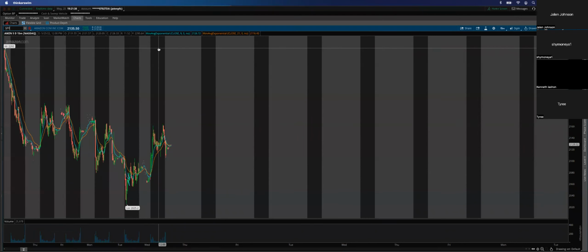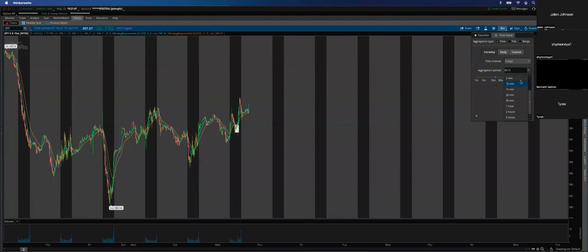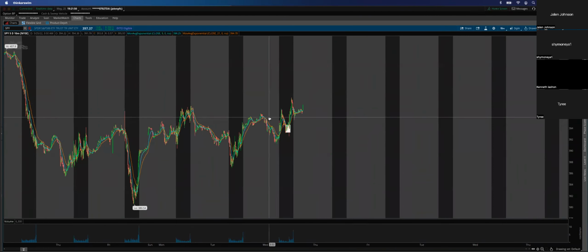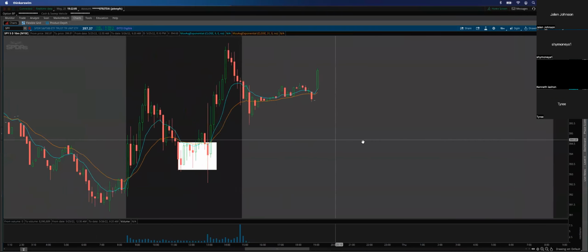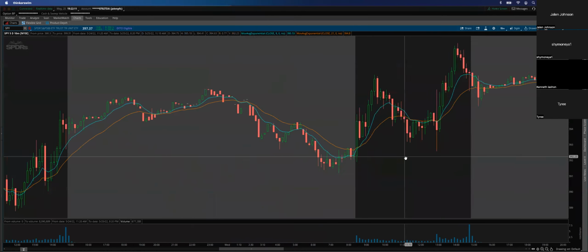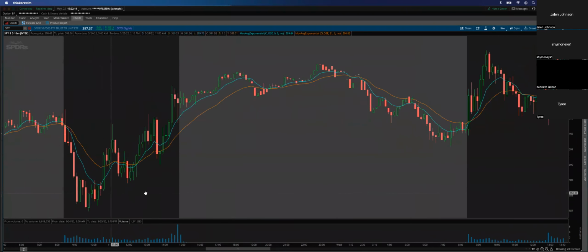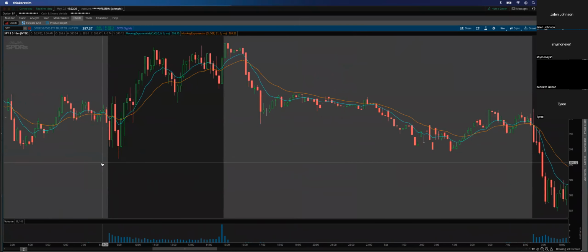All right, somebody says five. Let me go to my 10-minute time frame. All right, let's go here. Trying to get y'all a nice bull flag.